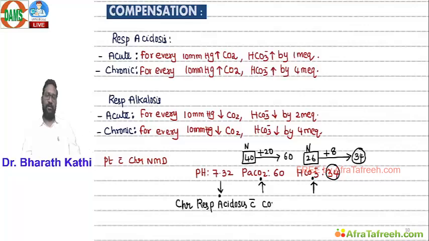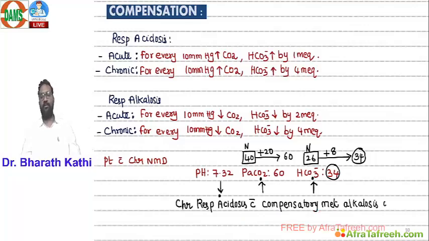Chronic respiratory acidosis with compensatory metabolic alkalosis, but I am very lazy to write this big name. What can I write? Is it acute or chronic? Chronic. Is it compensated? Yes. Adequately compensated? Yes.